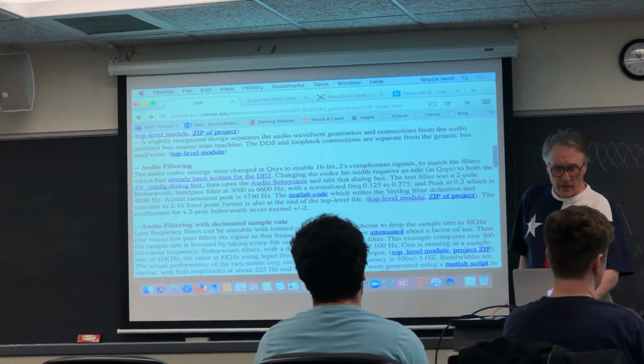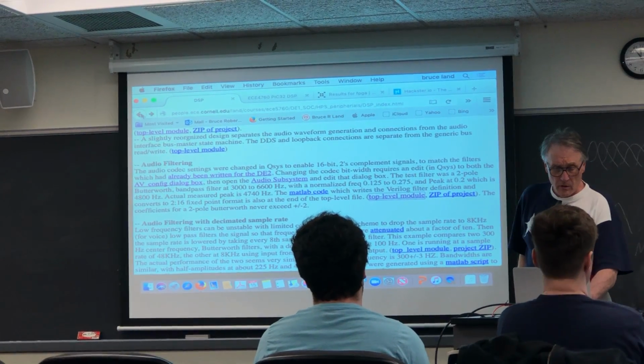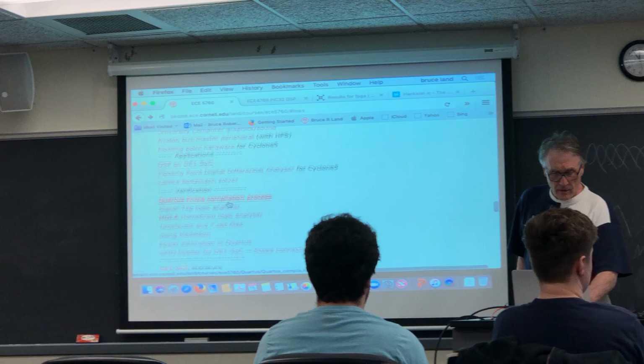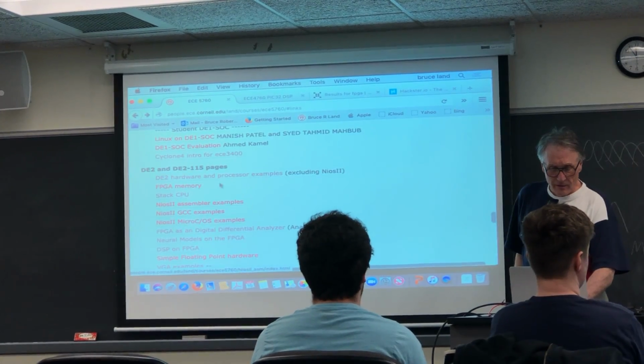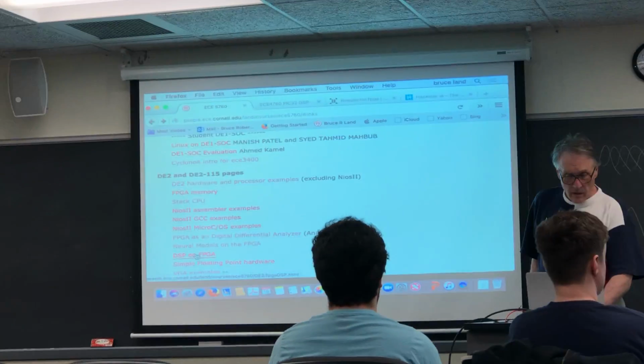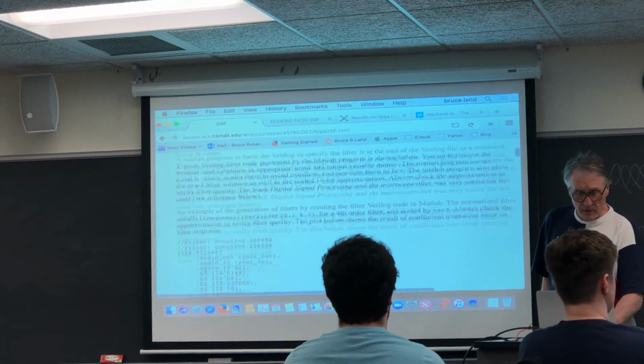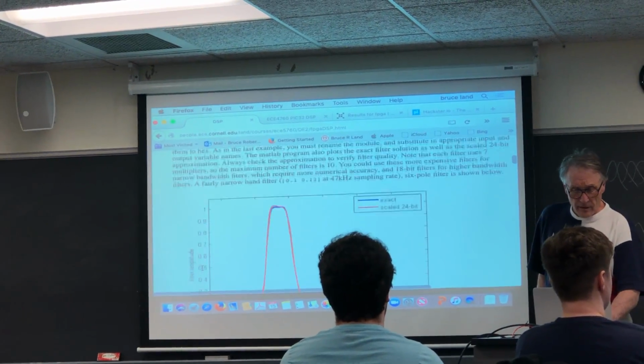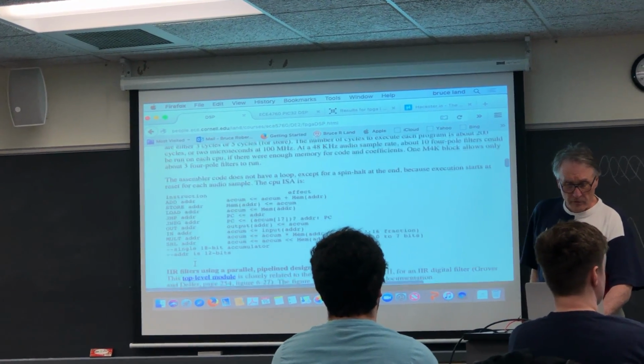Since it sort of looks like a CPU, at one point, back in the bad old days, again for DE2, I wrote the world's stupidest CPU that was meant for doing digital filtering.